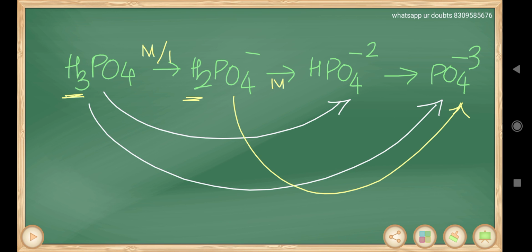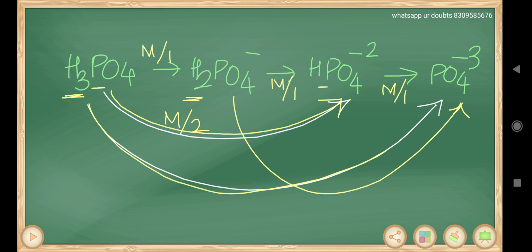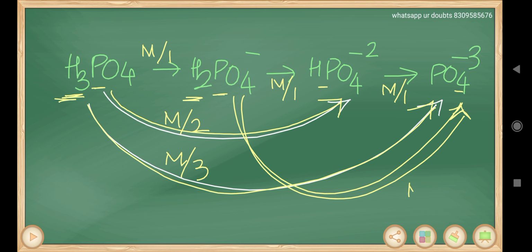Here also molecular mass by 1. I am talking about the equivalent mass. Equivalent mass is equal to molecular mass by 1. In this step also molecular mass by 1. But in this case, you can see 3 hydrogens, 1 hydrogen, so 2 are gone, so M by 2. But in this case 3 hydrogens have gone, so molecular mass by 3. And in this case H2PO4 minus to PO4 minus 3, again the same thing, molecular mass by 2.